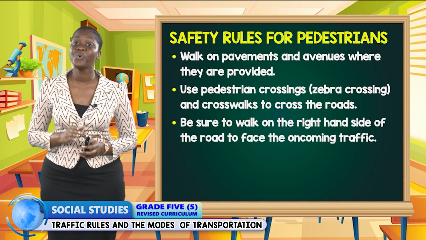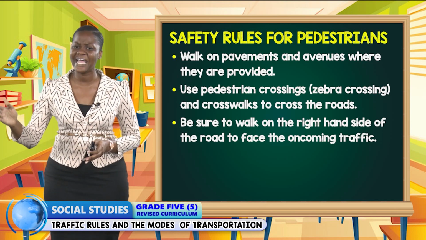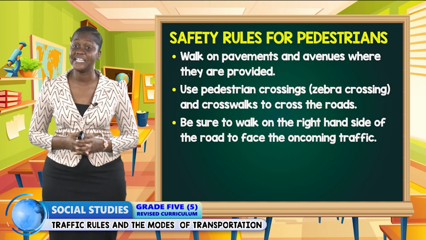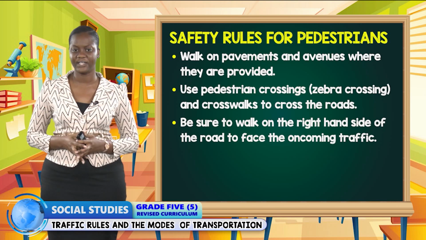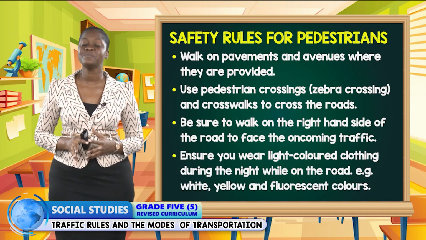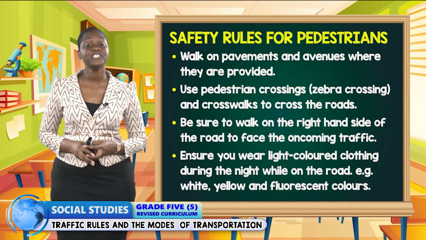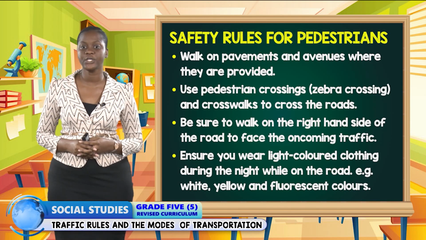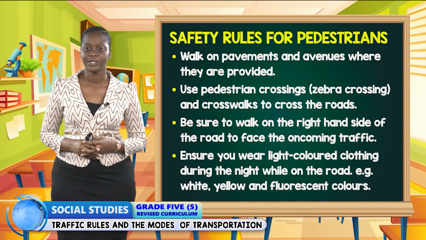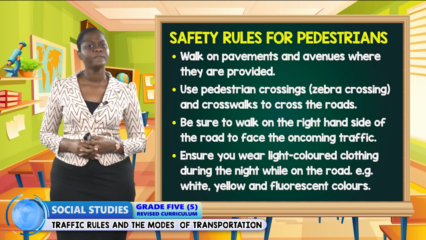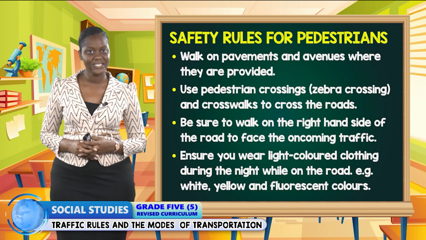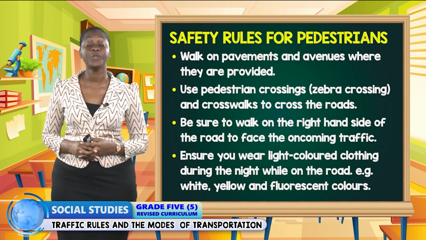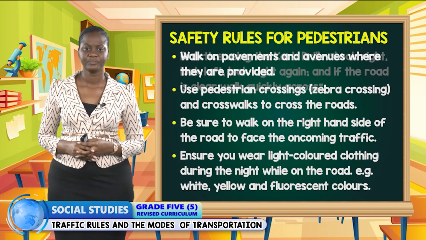Be sure to walk on the right-hand side of the road to face oncoming traffic. Pedestrians must also ensure that they wear light-colored clothing during the night while on the road. For example, white, yellow, and fluorescent colors.